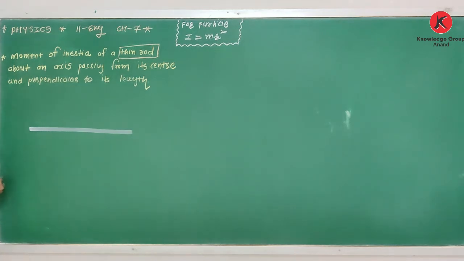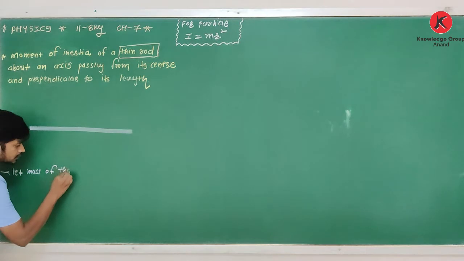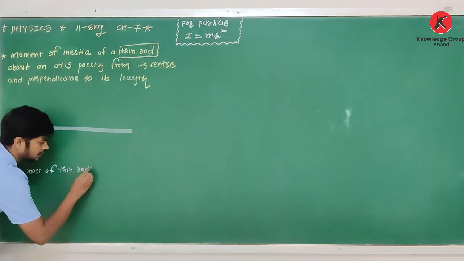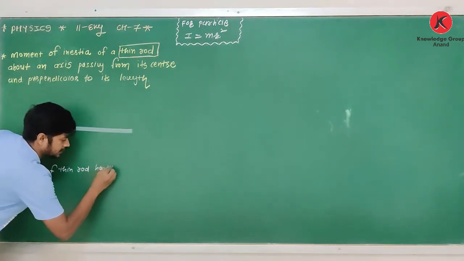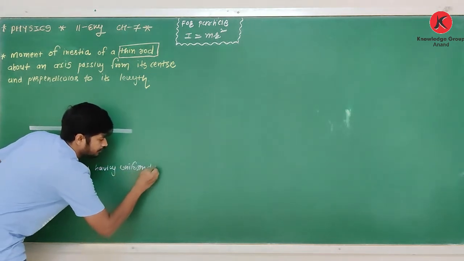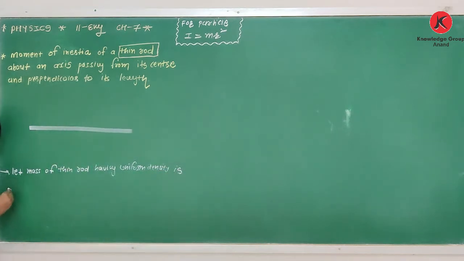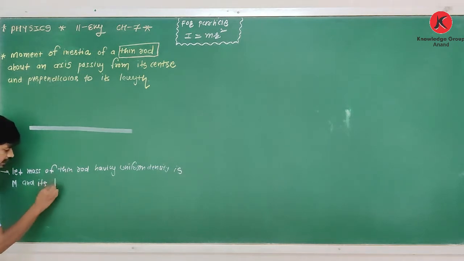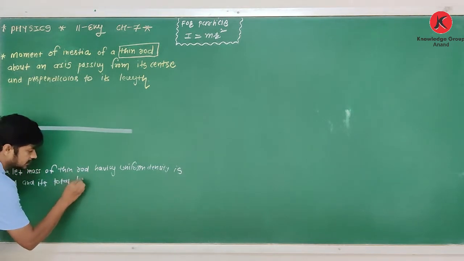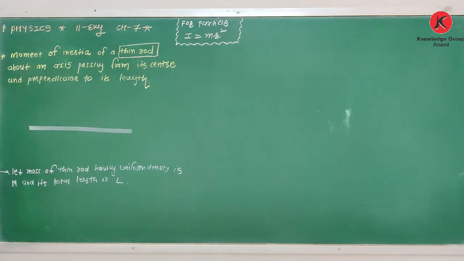So, let the mass of the thin rod having uniform density be M and its total length be L.